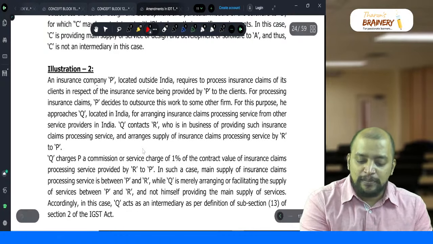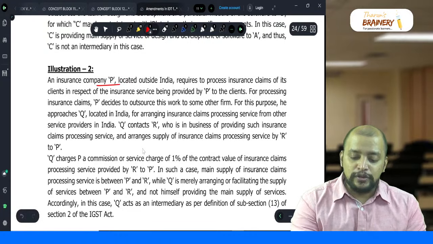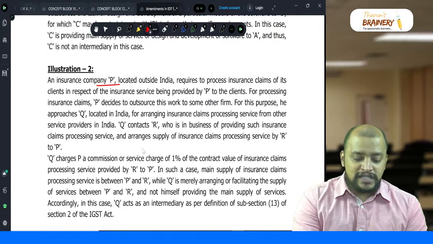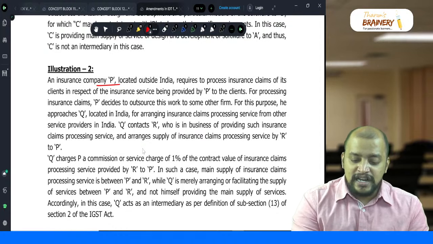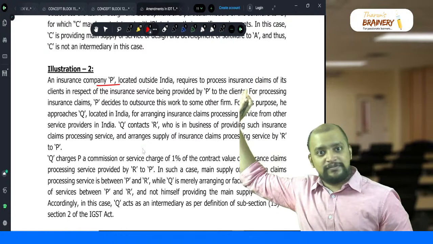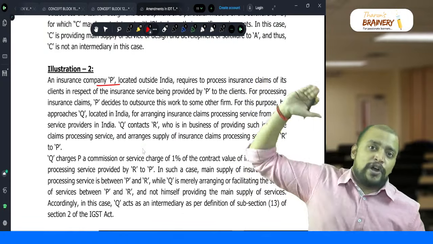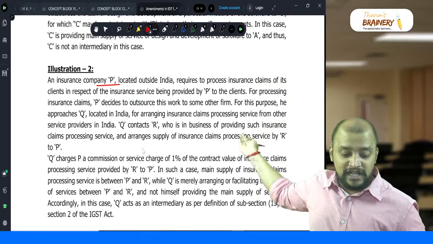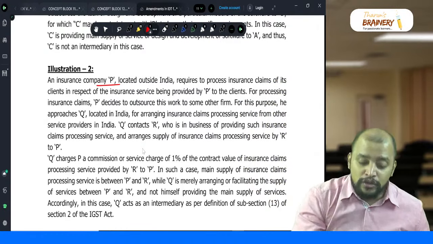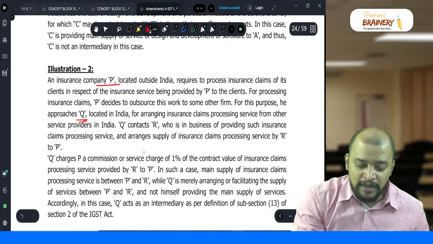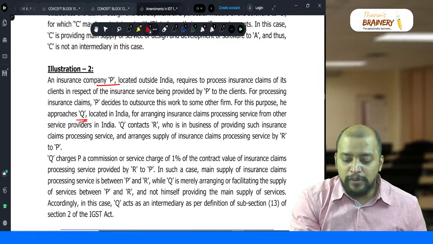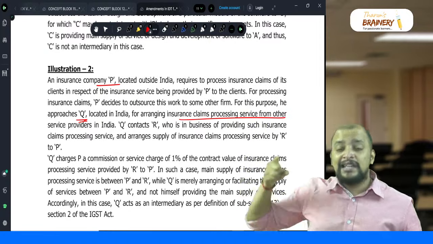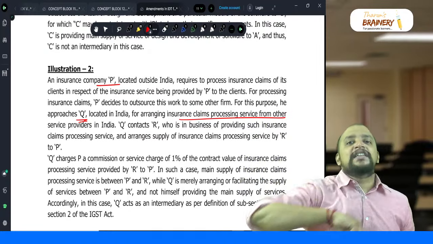P wanted to outsource the work to some other firm, so they approach Q to find the person who will be able to do the processing.